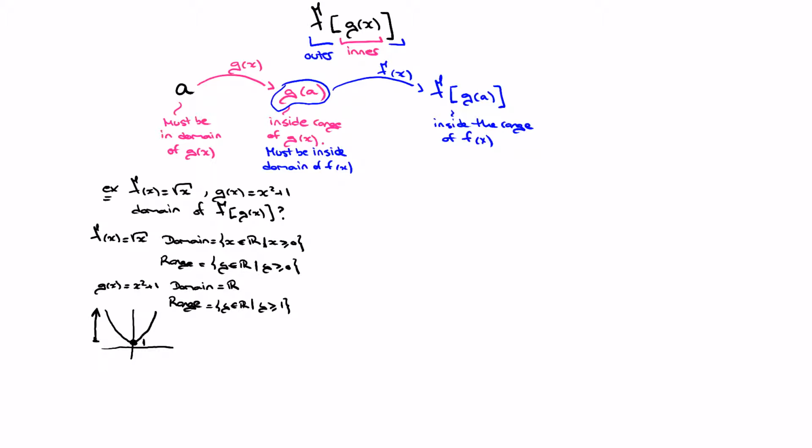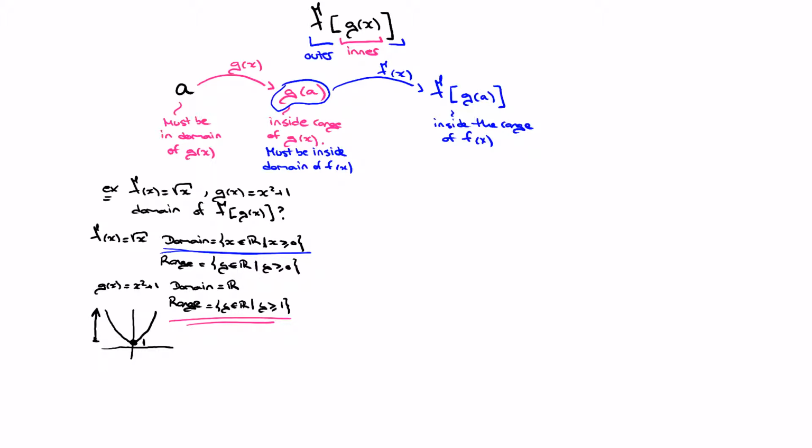Now, to make sure that this composite function is well defined, we need to ask ourselves whether or not there are any values inside the range of the inner function which are outside of the domain of the outer function.